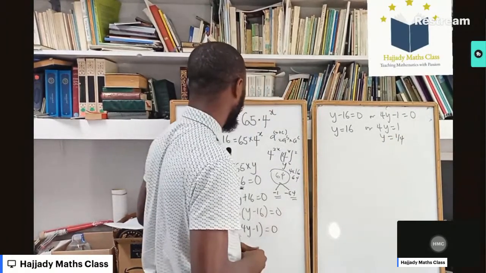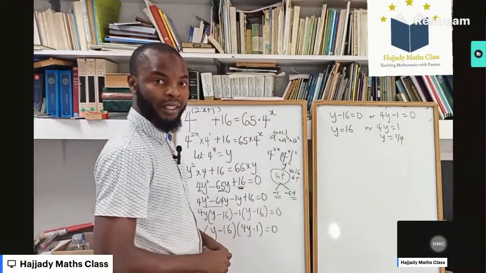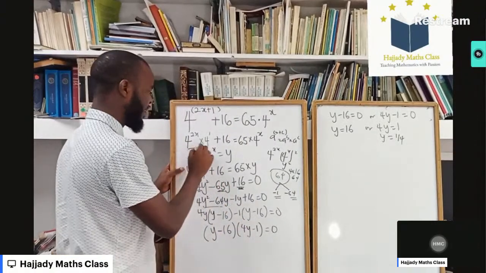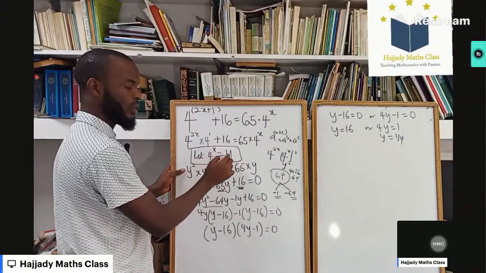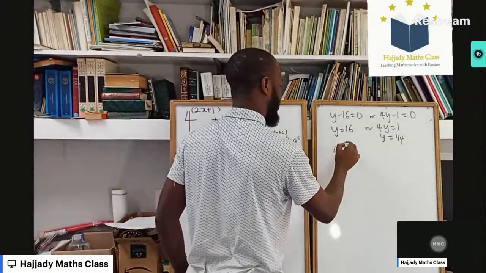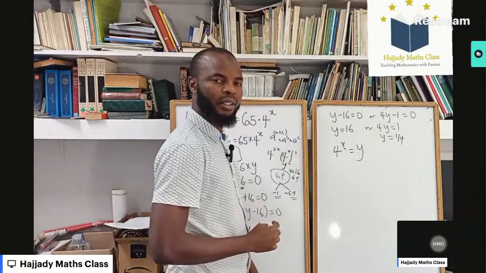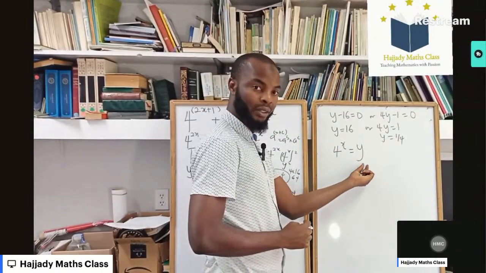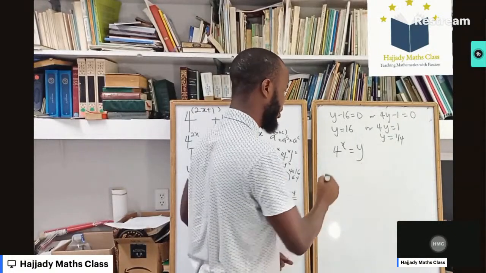Recall that we want to solve for x, and we've solved for y. Then what's the next thing for us to do? Coming back here, I have that let 4 to the power of x equal to y. And we're interested in solving for x. So that shows that we're going to plug in the values of y into this equation for us to get the corresponding value of x.